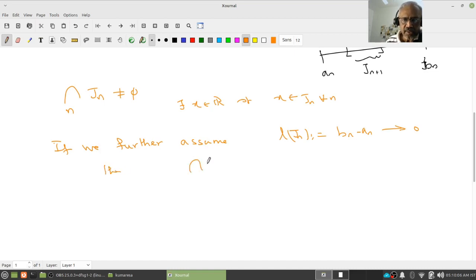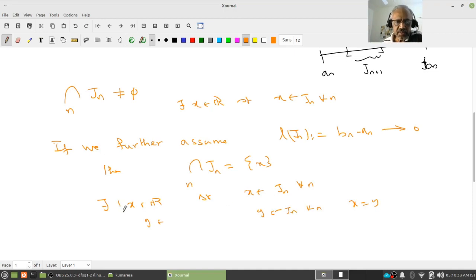Then the intersection of the Jn is the singleton {x}. That is, there exists an x in R so that x belongs to Jn for all n, and if there exists a y also in R so that y belongs to Jn for all n, then x equals y. So there is a unique x so that this happens.